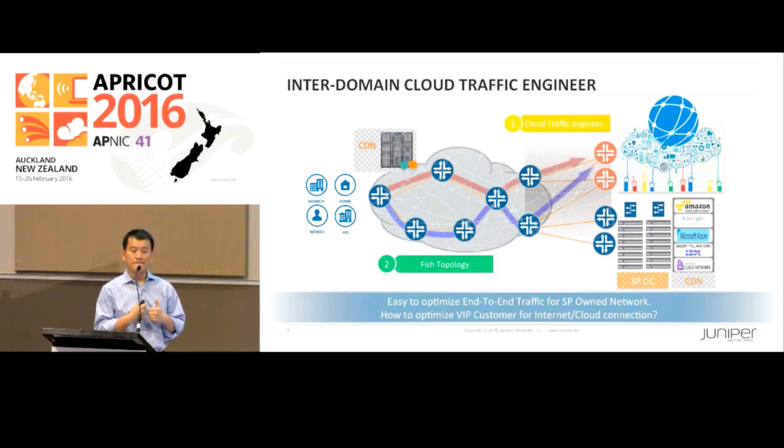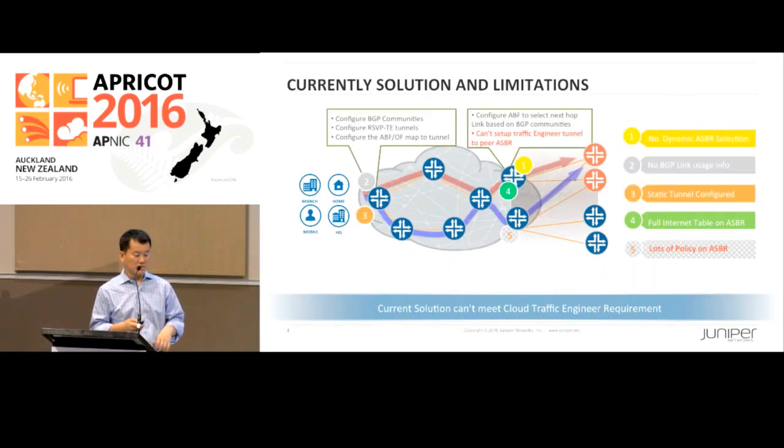Without this solution, there are some traffic engineering methods already in place, deployed for many years, but there are a lot of limitations. Let me show you some. First of all, nobody can dynamically select which ASBR or which peering you really want to send traffic to.